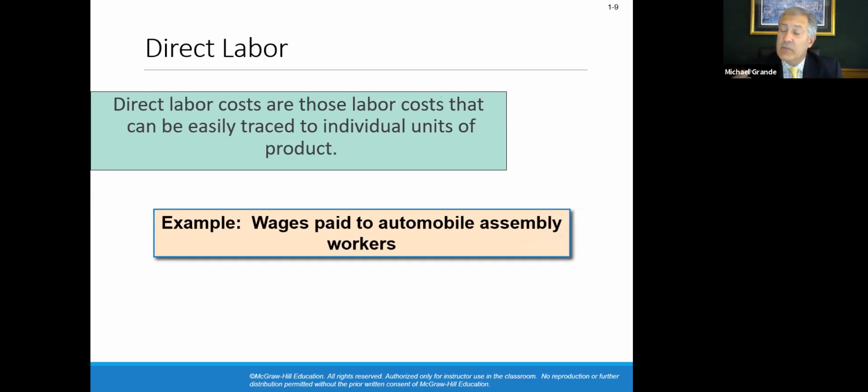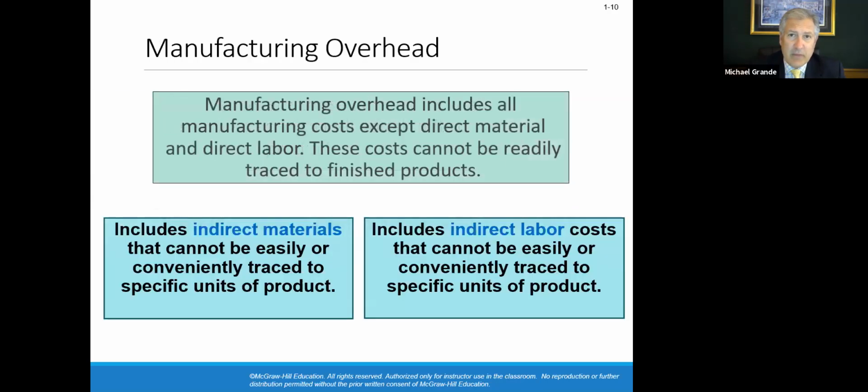In other words, the wages and salaries and benefits of the employees who put together, who assemble, who touch the product. Again, the assembly line workers. Manufacturing overhead includes all manufacturing costs except direct material and direct labor.